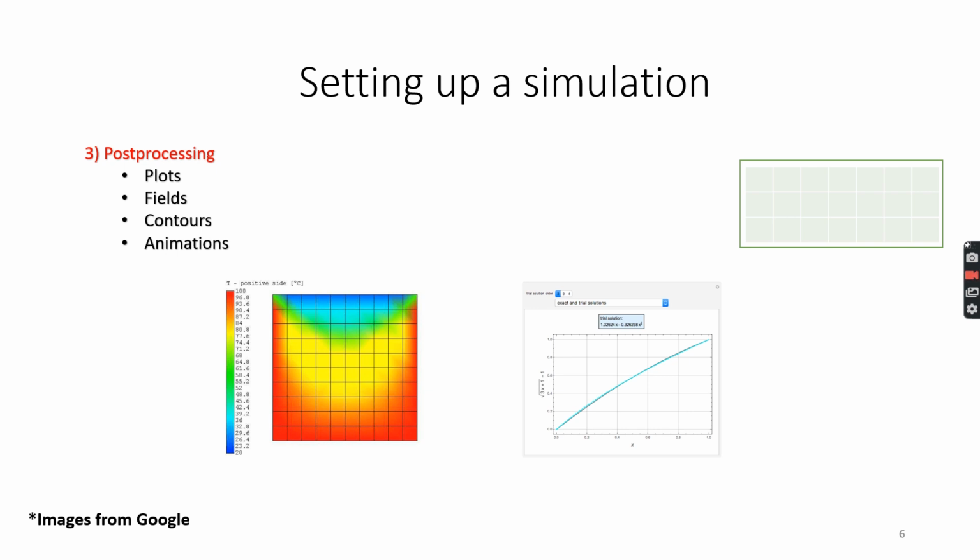The latter is how you solve the simulation and how you invert the matrices and write and post process them. So half of the work is done if your geometry and the mesh is very fine. So that is how you set up a simulation in any CFD tool which you are working on.